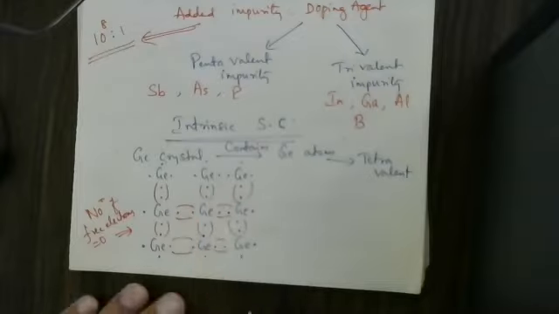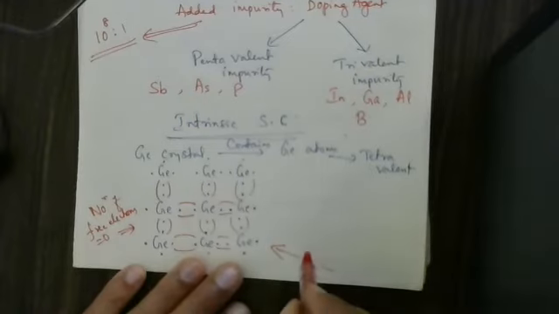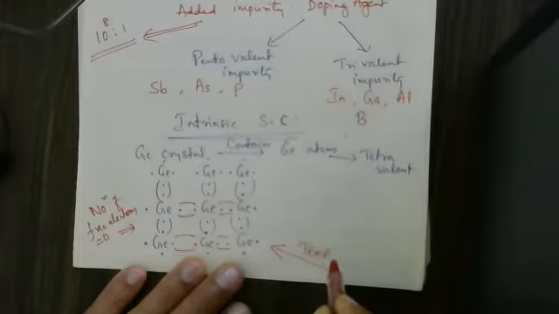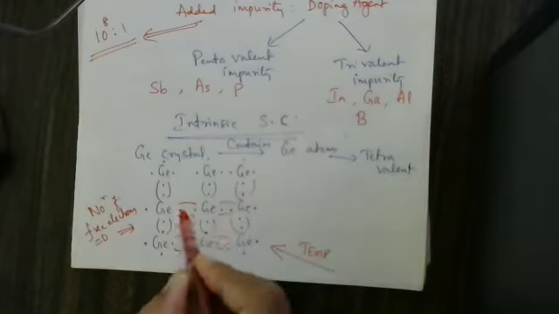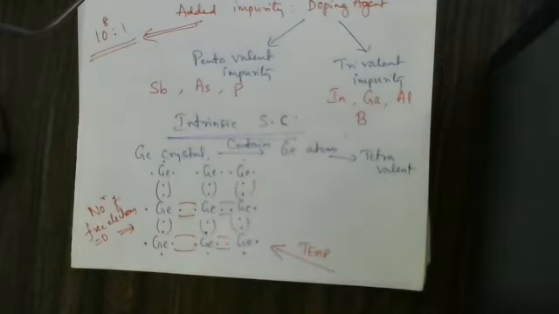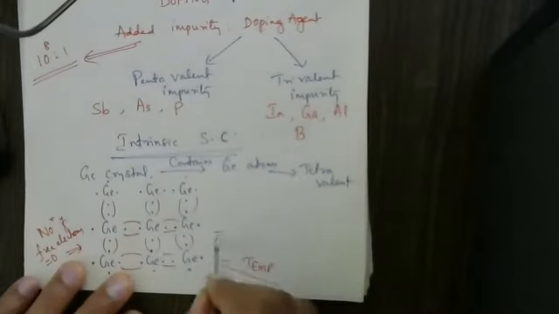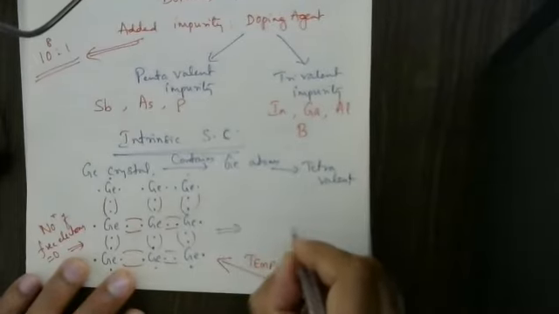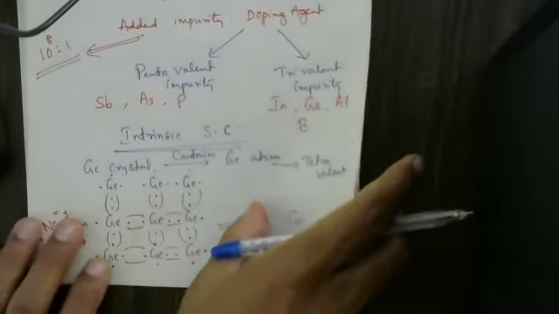Let us assume that atmospheric temperature is acting here. As the atmospheric temperature is acting here, heat energy is activated. Because of that, 1 or 2 covalent bonds are breaking up. As the covalent bonds are breaking because of the temperature, I can say some germanium atoms are collapsing their covalent bonds.